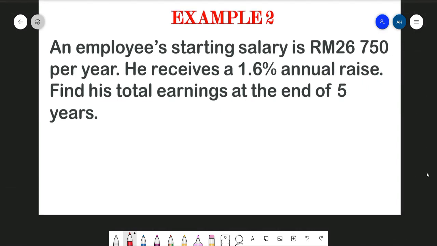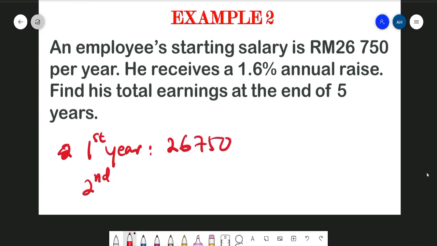For the first year, his total earning is 26,750. How about the second year? How much does he get?